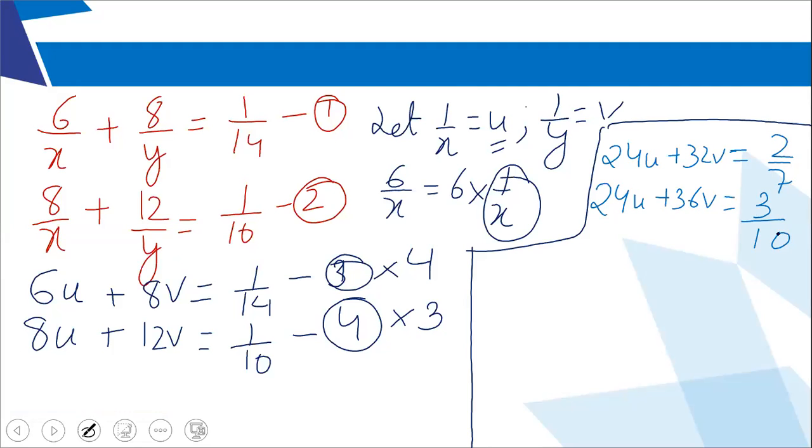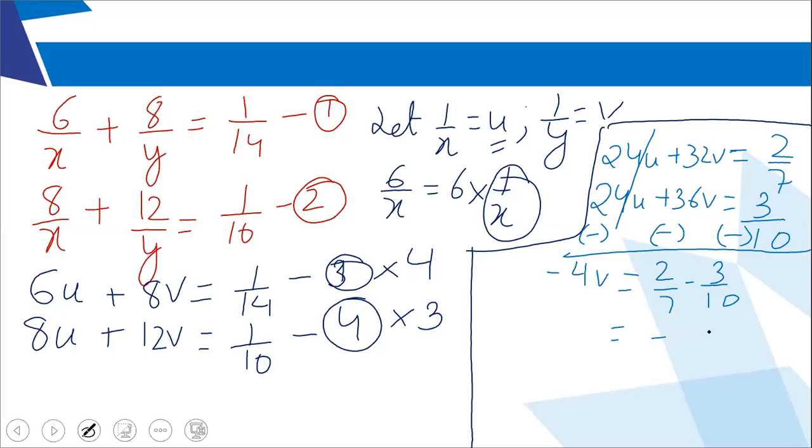Now what I will do is I will simply subtract. So minus, all signs will change of the second expression. This will cancel 24u and minus 24u. And 32v minus 36v will give me minus 4v, which is equal to 2/7 minus 3/10, which is equal to, you'll take the LCM, it is 70, and 20 minus 21.